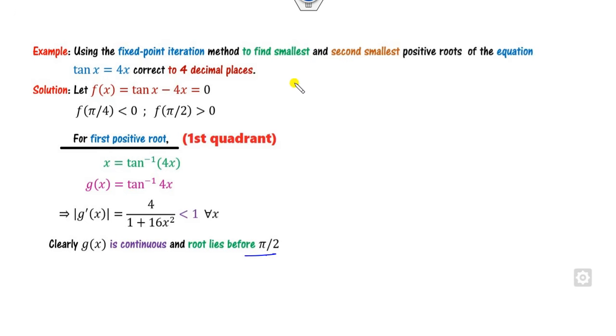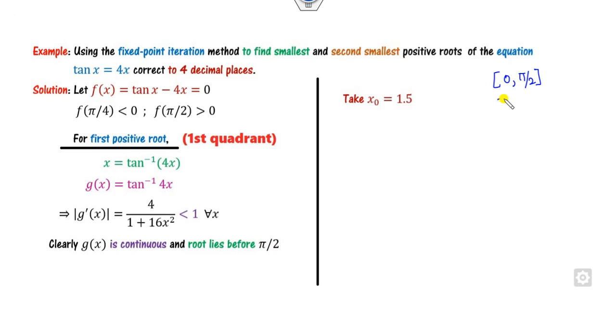You can choose any number between 0 and pi by 2 because the first quadrant is here. So what is pi? It is 3.1415 divided by 2. So that means 0 to 1.57075. Fine. You can choose any number in between them. So I can choose 1.5.